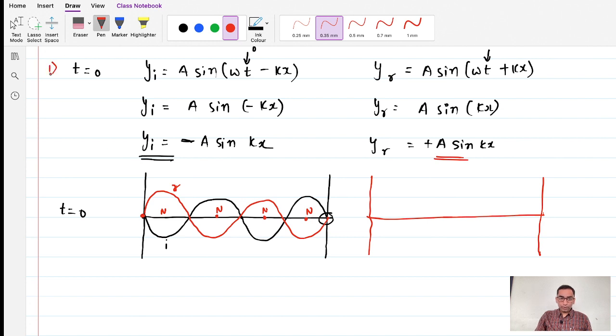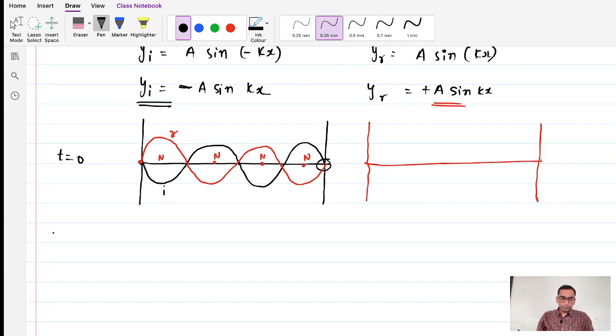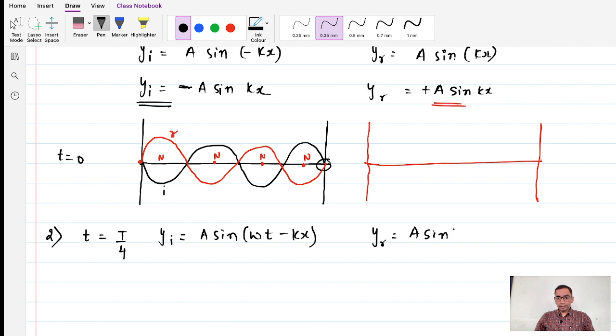Now, the same process we will have to repeat by plugging time t by 4 into both the expressions. So, let us do that. This is part 2, and I am going to plug in time is equal to t by 4. Incident wave is A sine omega t minus kx, reflected wave is A sine omega t plus kx.